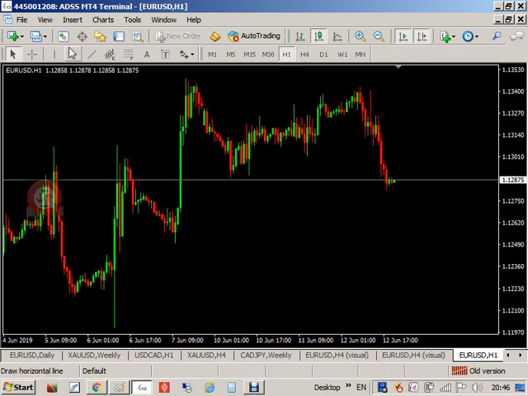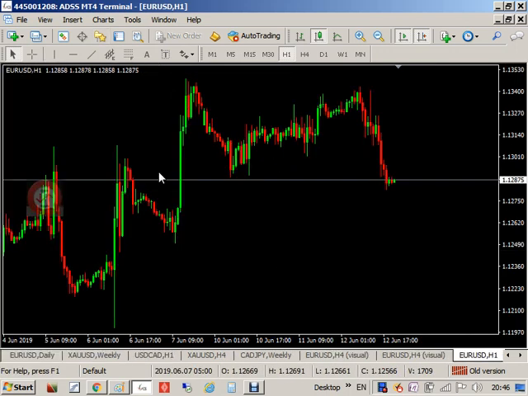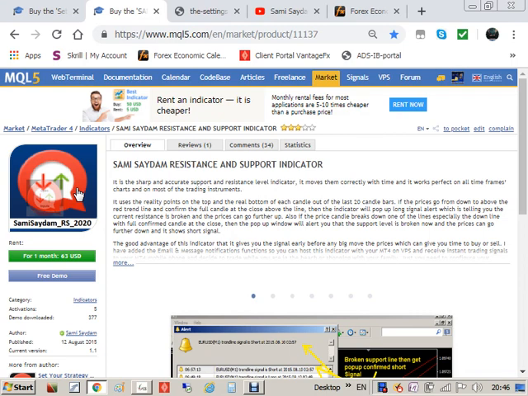chart, and of course you will download my indicator from the website called MQL. This is the website here. This is my indicator. You see here the browser mql5.com.